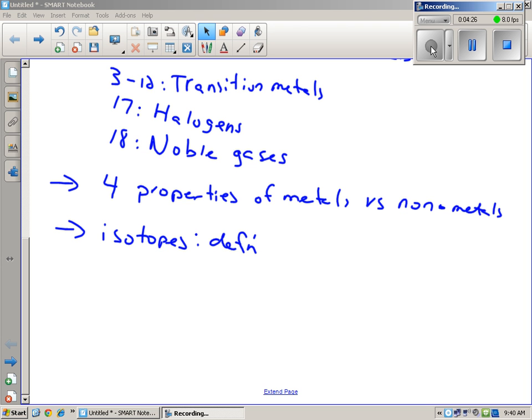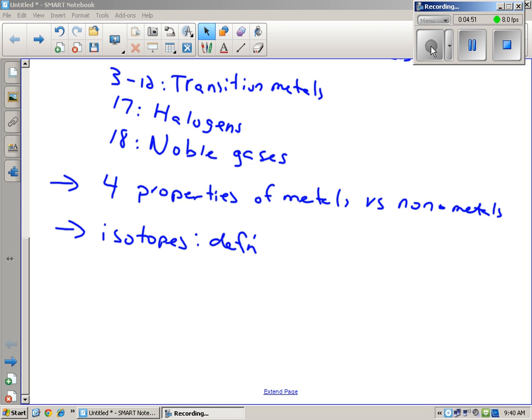Okay, isotopes. Know the definition of isotopes. It is the same atom with a different number of neutrons. Same atom, different number of neutrons, and it just naturally occurs like that. Different number of neutrons, different molar masses, or slightly different atomic masses, basically.